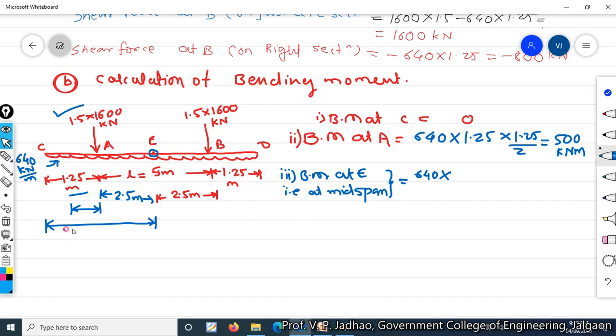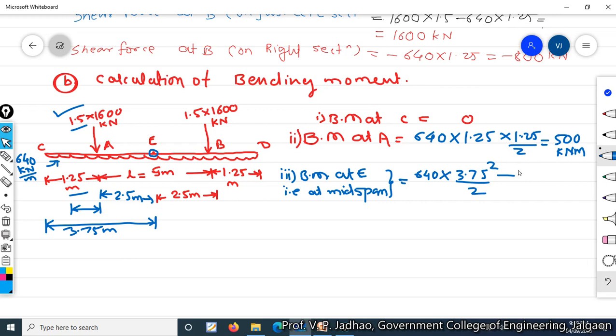Therefore 640 into 3.75, acting at a distance 3.75 divided by 2, so 3.75 squared divided by 2, minus the bending moment due to this 1.5 multiplied by 1600 kilonewton load. Why minus? Because the bending at this point E due to this 1600 kilonewton load will be a hogging shape. Therefore the bending moment will be negative.